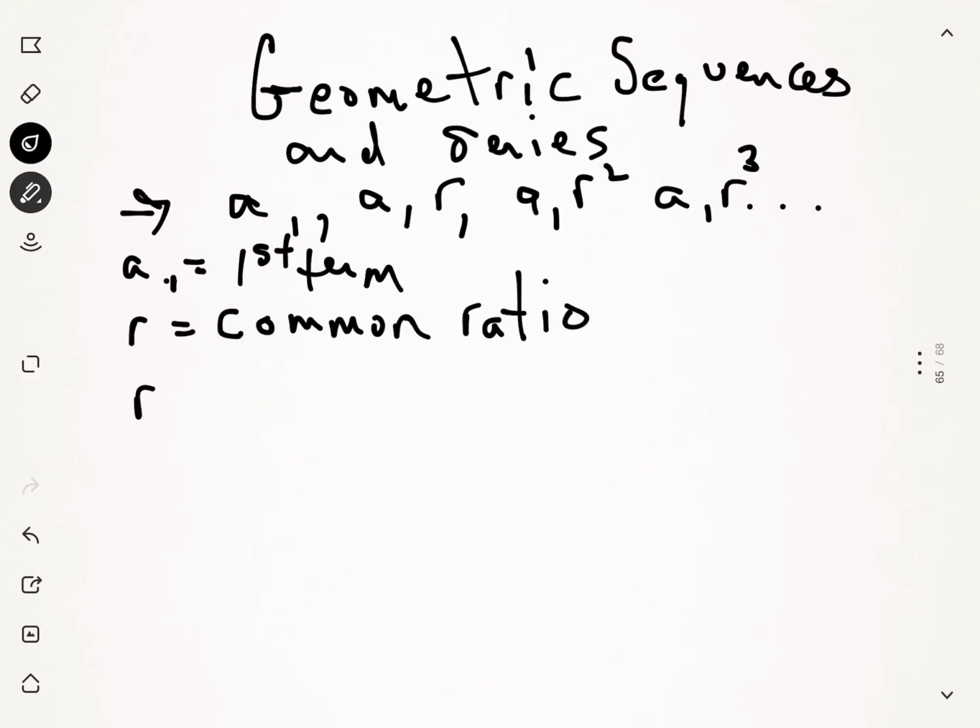And r is found by dividing: r is the quotient of any term after the first and its predecessor.